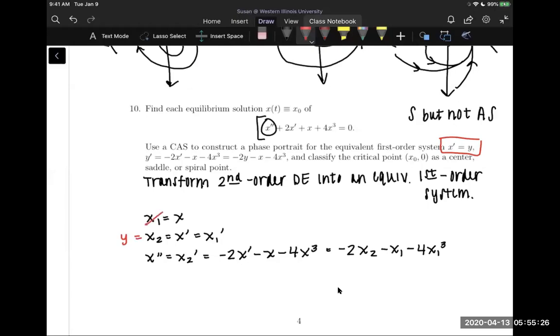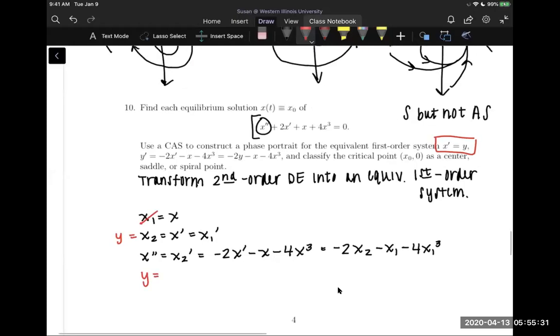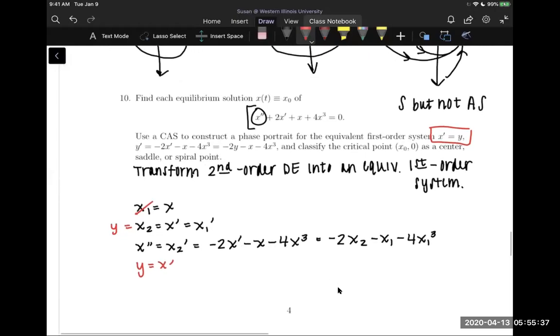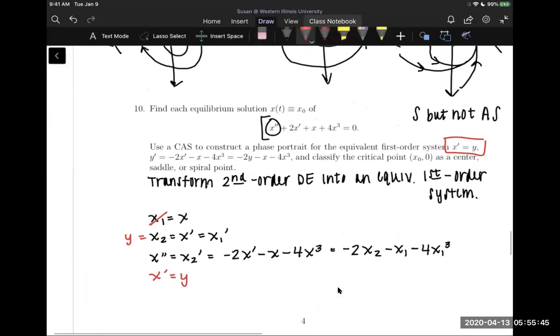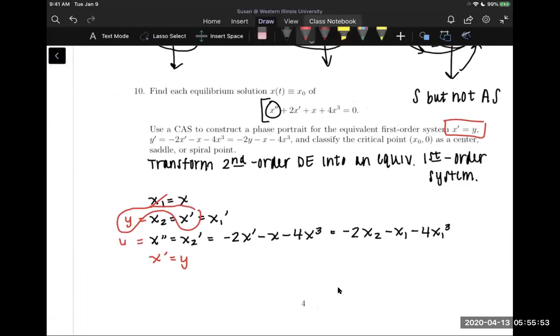So if we do that, our system becomes, actually let me just write that in the opposite order: x prime equals y, so we're just pulling this from here, and then x double prime is just y prime, so y prime equals negative 2y minus x minus 4x cubed.